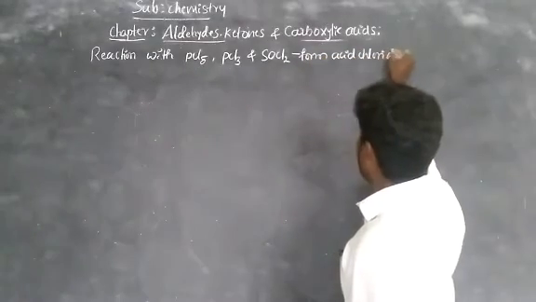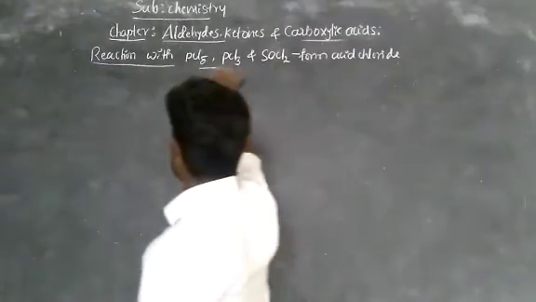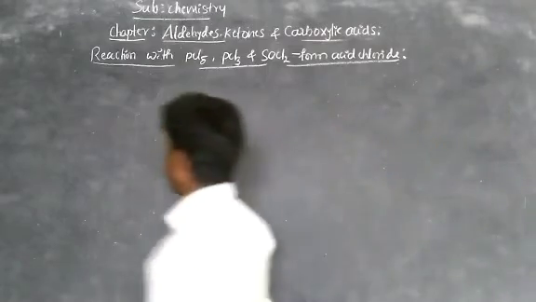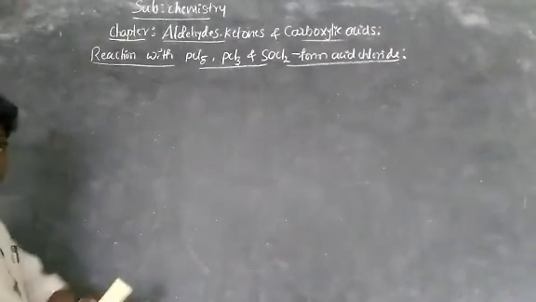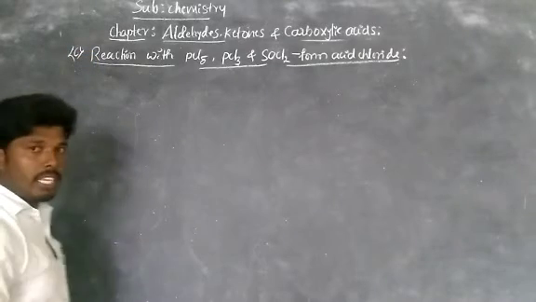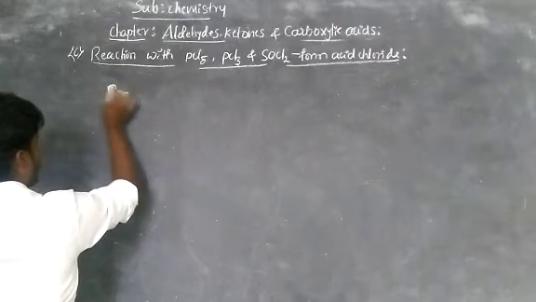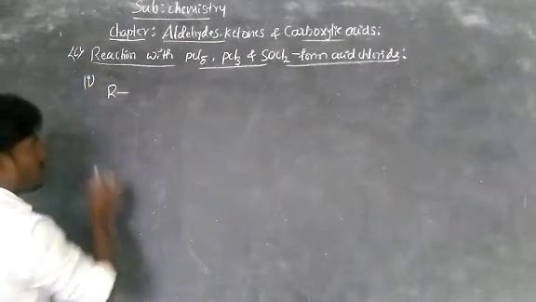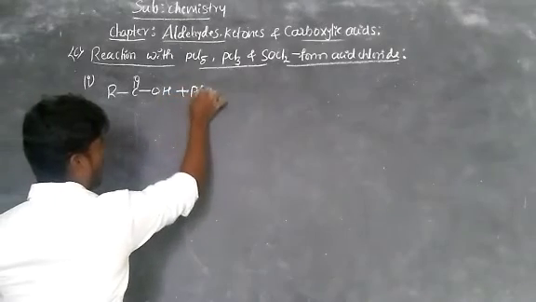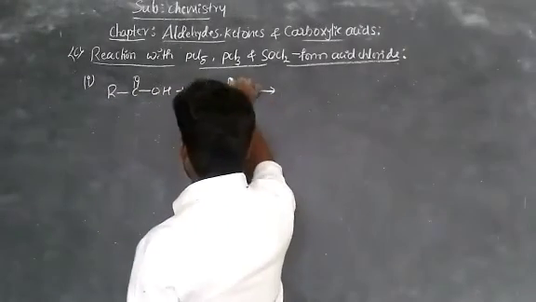In all these 3 cases the acid chlorides are formed. This reaction takes place only in the presence of the base pyridine. Now observe the first reaction with PCl5. Here the carboxylic acid reacts with phosphorus pentachloride in the presence of the base pyridine.